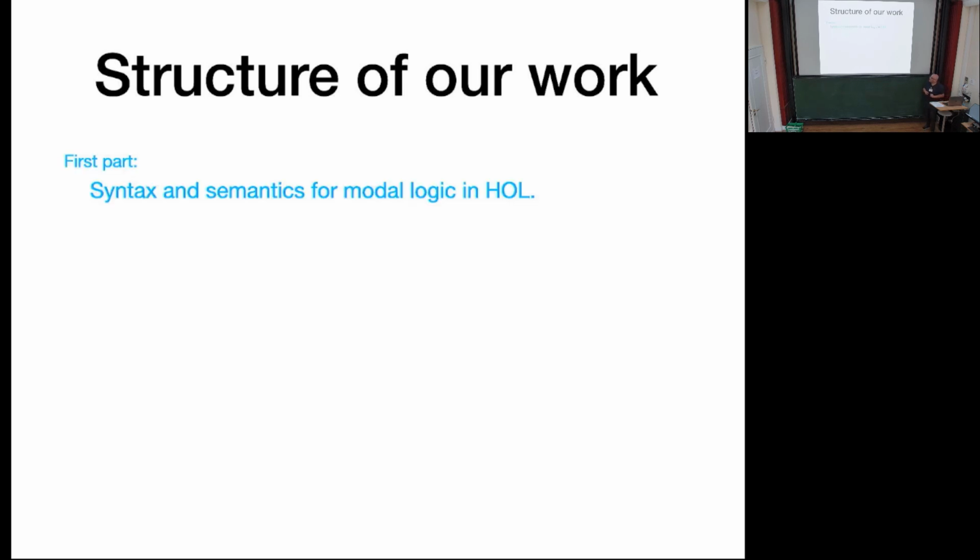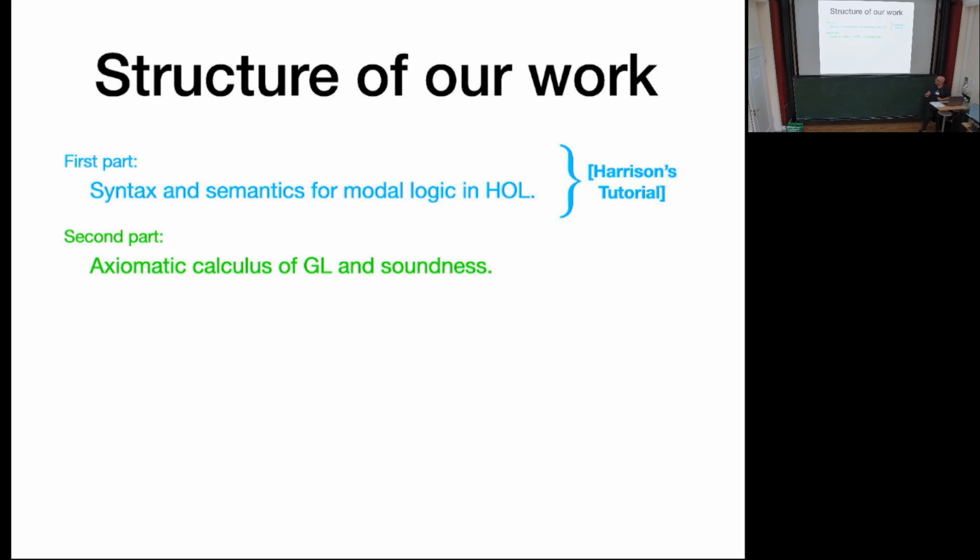So the work is divided in 4 parts. There is the syntax and semantics for modal logic in HOL, and this has been done in Harrison's tutorial, so it is something that you can find as an exercise to learn HOL. The second part is starting to do reasoning specifically about GL, so writing the axiomatic calculus of GL and the soundness theorem, and then proving the completeness of GL with respect to the ITF semantics.